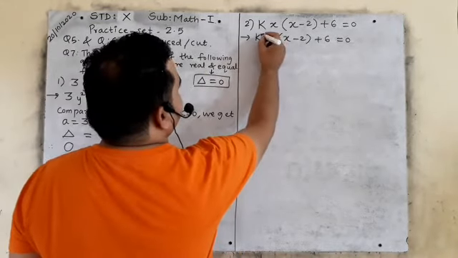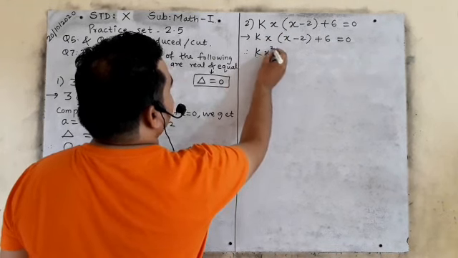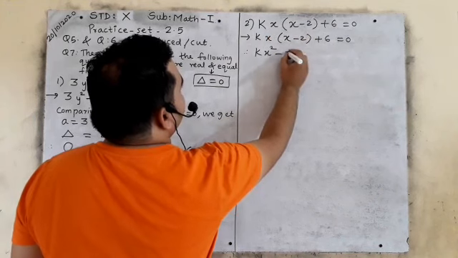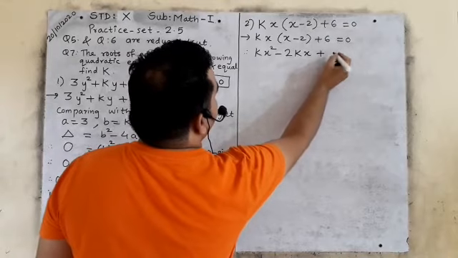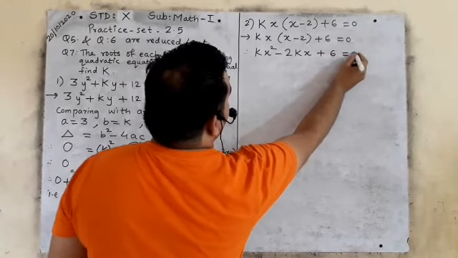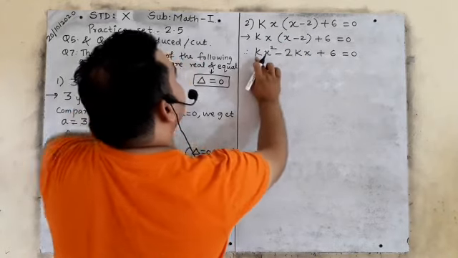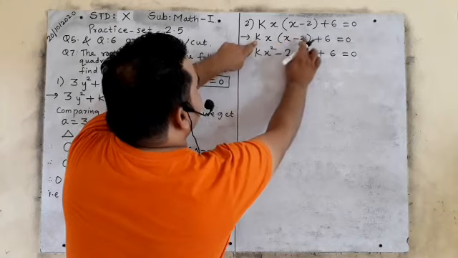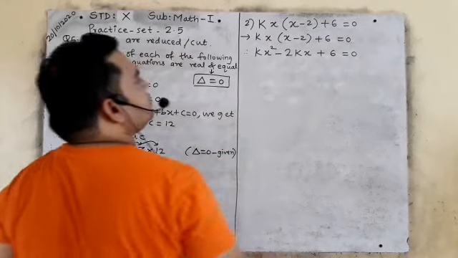You will multiply this kx by this. Therefore it is kx square, this kx multiplied by x gives kx square. Now kx multiplied by minus 2 gives minus 2kx, plus 6 is equal to 0.